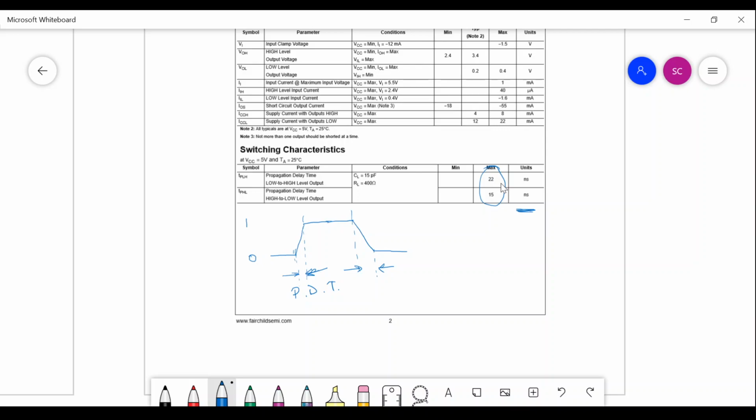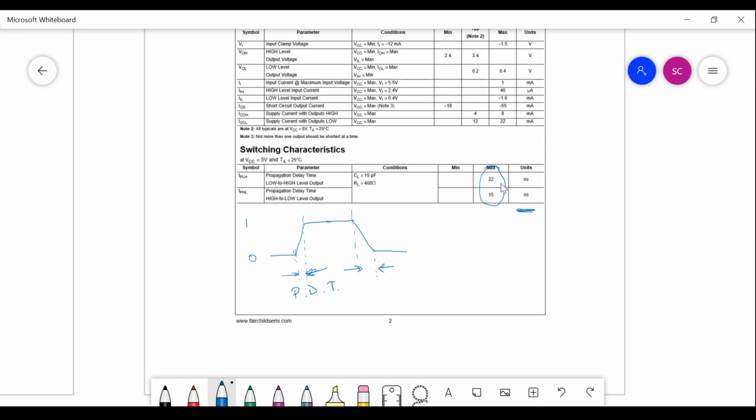And also, if you sample within 15 nanoseconds, you might not get the correct result. So your sampling, after you have changed a state from 0 to 1, you must check that changed state after 15 nanoseconds, after 22 nanoseconds in this case. Then you are guaranteed to get the state as 1.